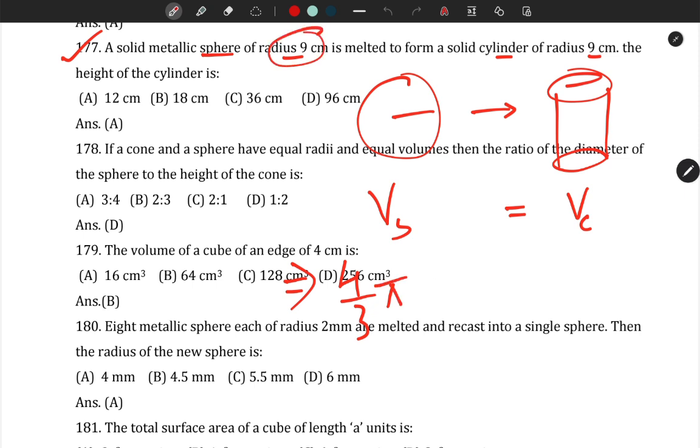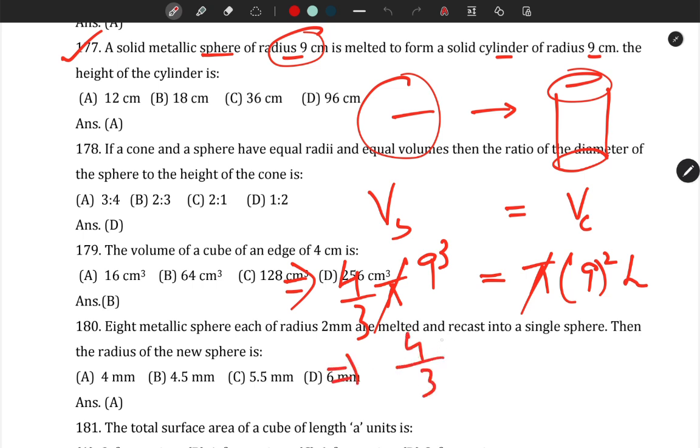Volume of the sphere, we know, is 4 by 3 pi r cube. R here is 9, so I'll write 9 cube. Then the cylinder is pi r square h. R is 9, so pi 9 square h, where h is the height. Pi we can cancel from both sides, so we're left with 4 by 3 into 9 cube, means 9 into 9 into 9, divided by this 9 square.